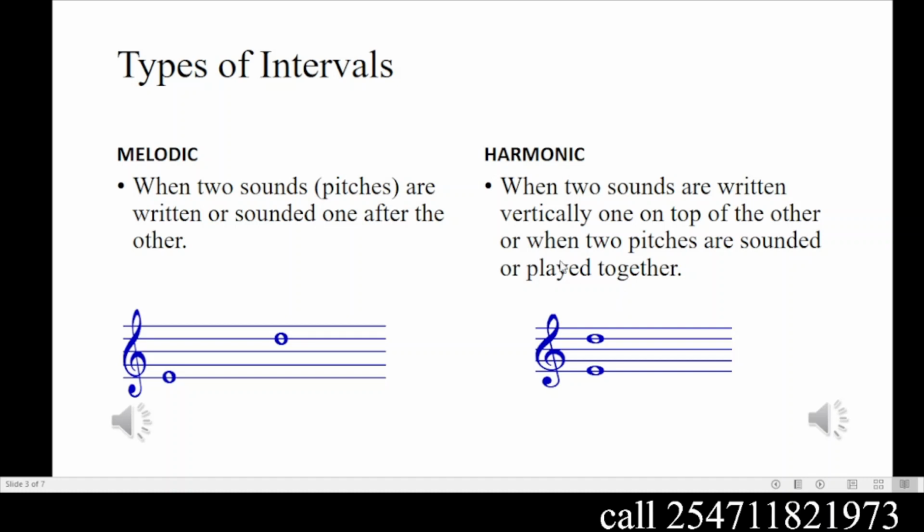So harmonic intervals are played or sounded together, and when writing them, you write one on top of the other. For example, this is E, and this is D on top of E. Let me sound it. You hear they're sounding together. So that is a harmonic interval.